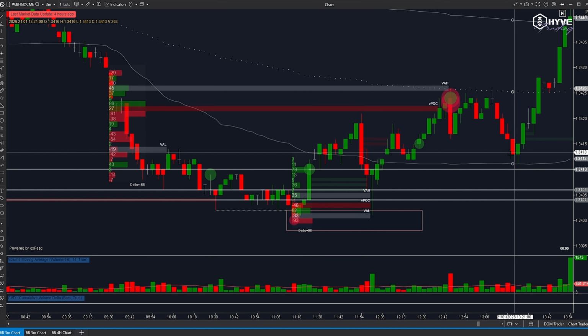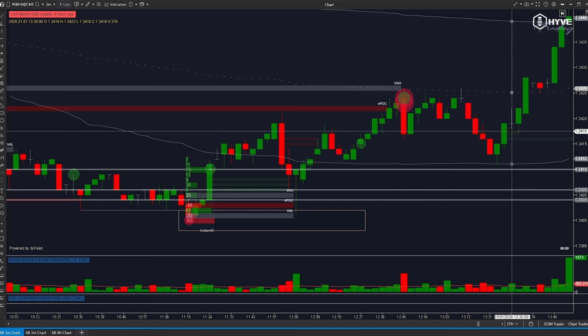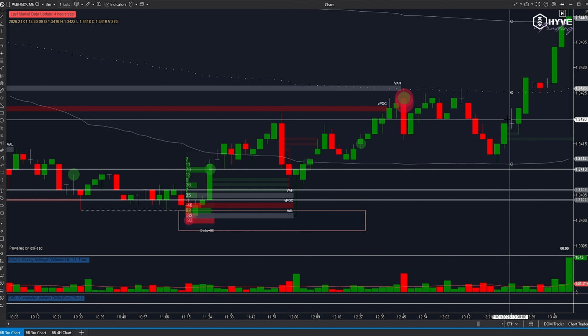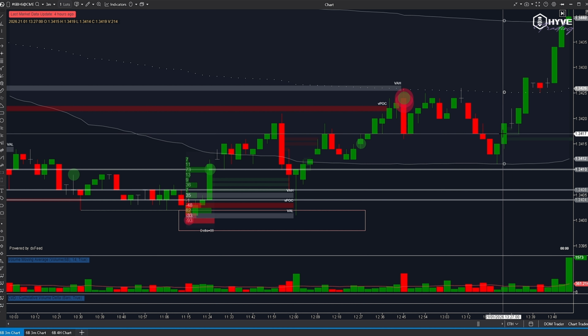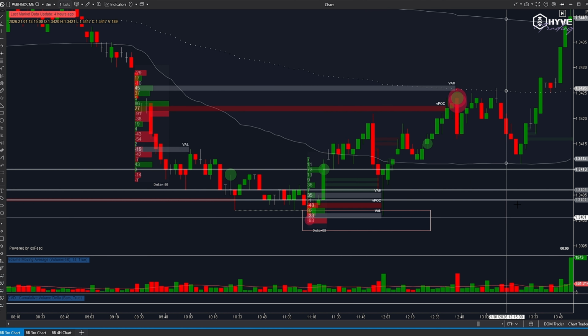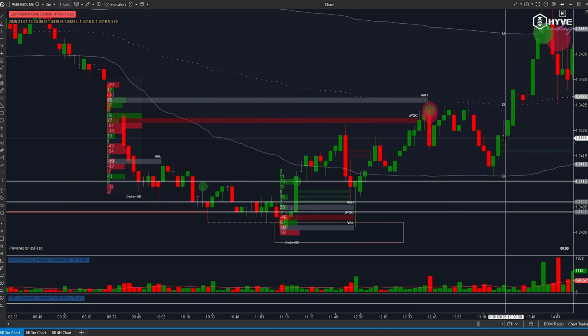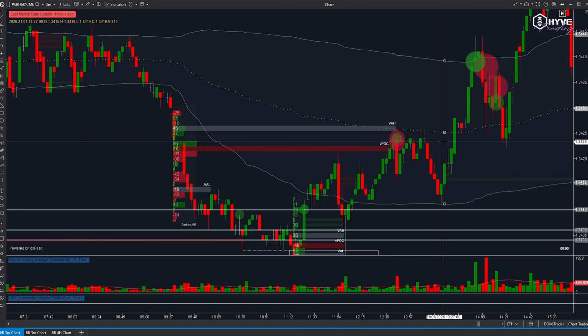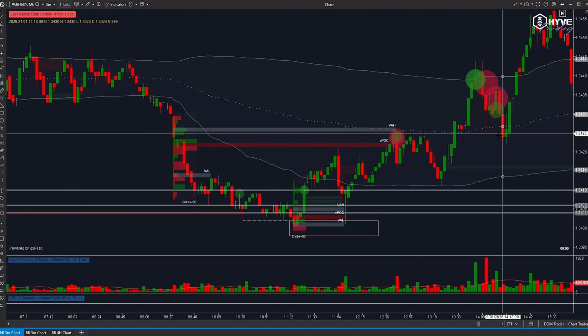So multiple confluences right here. And as you can see, after price rejected that level of confluence, the next bar shows stacked buy imbalance again. Buyers getting very aggressive, understanding that buyers have taken over this market. And shortly after, price continued to trade up.